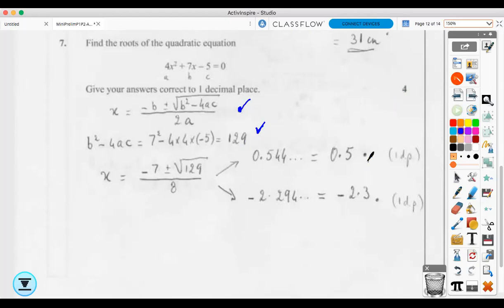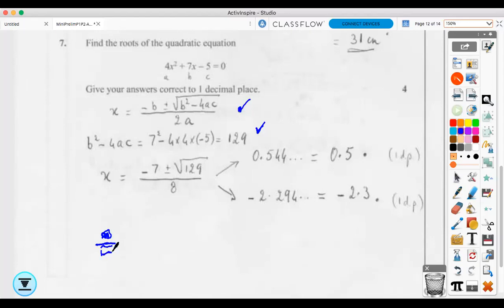Now, how do I get my last 2 marks? Again, how do I type this in my calculator? Use your fractions. You've got 90% less chance to make a mistake. Use the fraction button on your calculator. You've got that wee fraction button there.